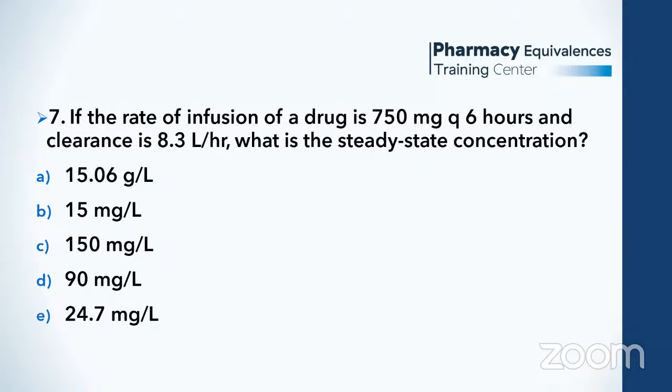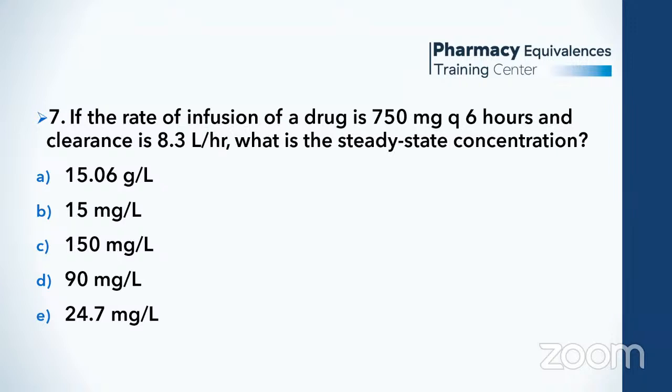Let us see this calculation problem. If the rate of infusion of a drug is 750 milligrams every 6 hours, and clearance is 8.3 liters per hour, what is the steady state concentration?